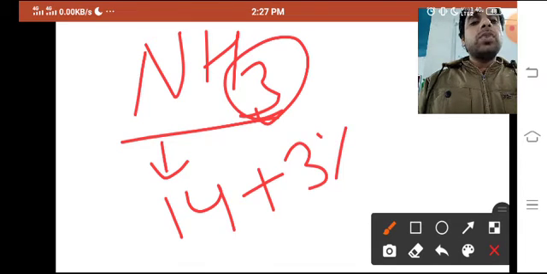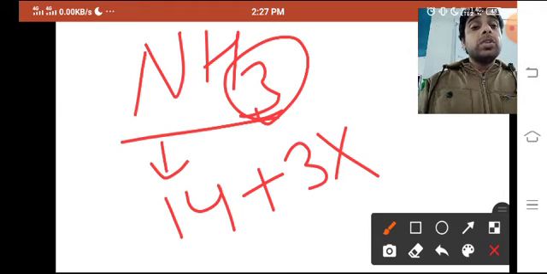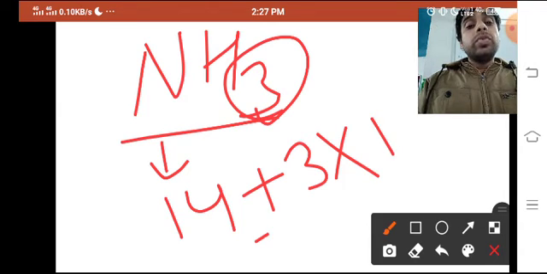The atomic mass of hydrogen is 1. Together it gives 17 grams.